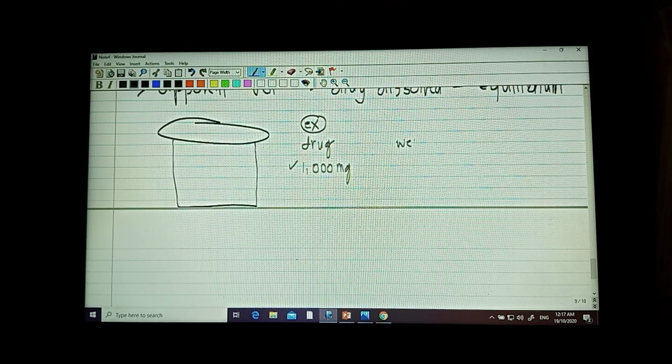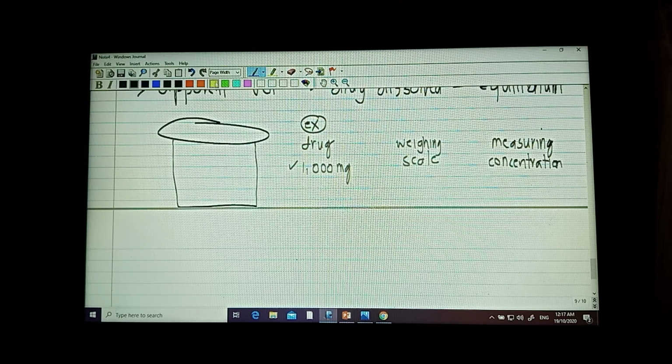I have here a weighing scale, and then we have the measuring concentration. We have a drug, 1000 milligram, and the measuring concentration is about, let's say, 50 milligram per liter.